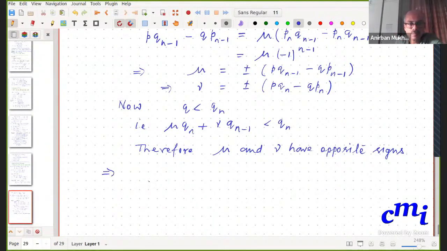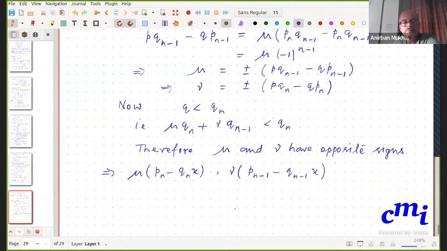And that observation leads to another interesting observation. If you write Pn minus Pqn x, and nu of Pn minus 1 Qn minus 1 x, then these two quantities in the brackets have opposite signs, because one of them is positive and the other is negative.